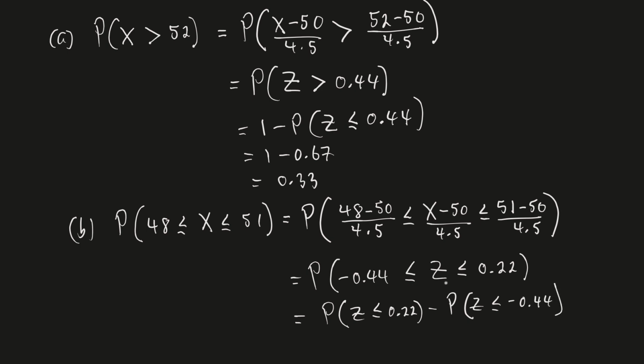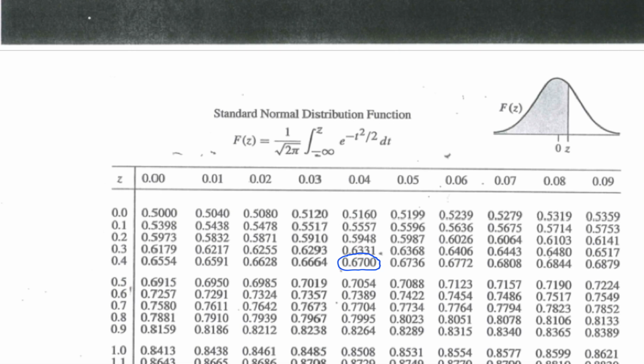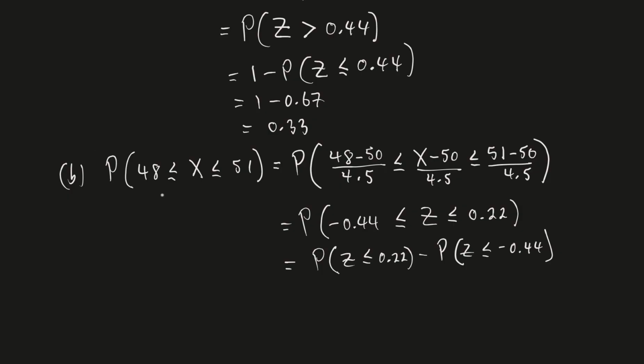So let's first find the probability that z is strictly less than 0.22. That will be right here. So that's 0.5871. Let's write that down. 0.5871, and then minus the probability.